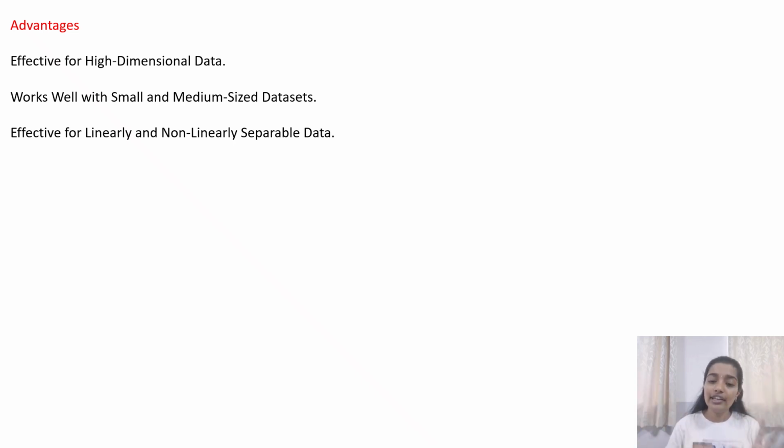So whether the data is linearly separable or not, in both cases we can use SVM. We have studied soft margin SVMs where we use kernels, so with non linearly separable data, we can first make it linearly separable and then use SVM, so it is effective for both.